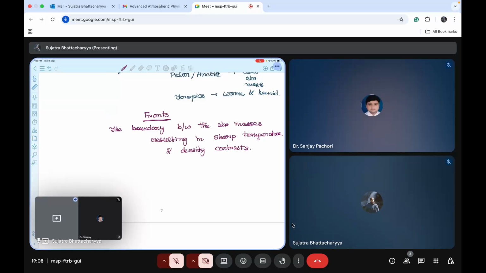So how will you represent the fronts? You will find a sharp moisture gradient because relative humidity becomes different. Next, you will have a sharp temperature gradient.